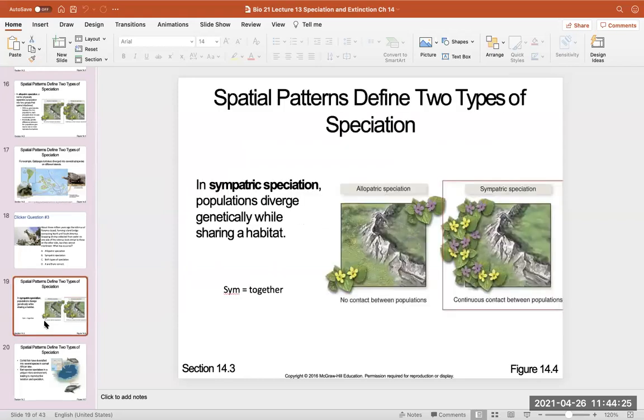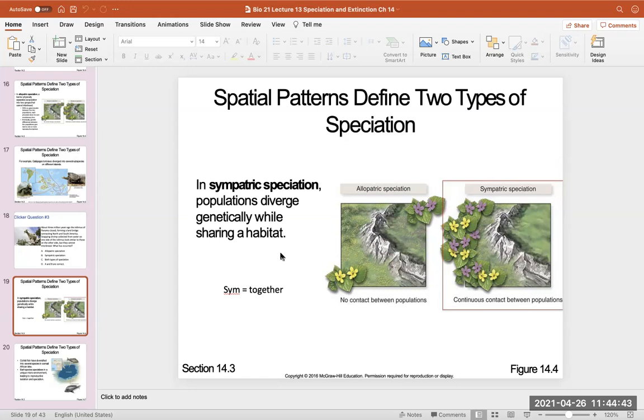Then we talk about the spatial patterns of two types of speciation. We have sympatric speciation and allopatric speciation. Please do not confuse speciation with reproductive isolation. That's different.